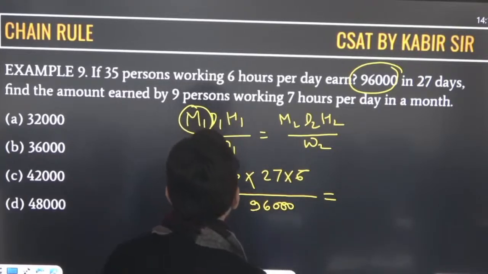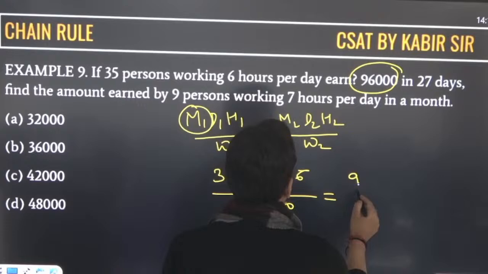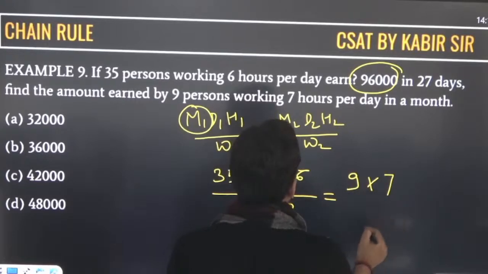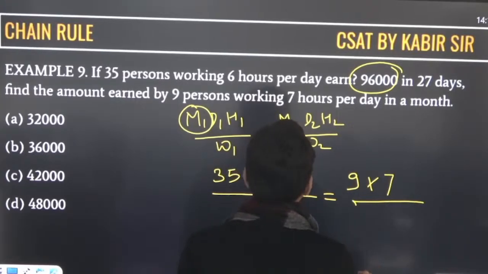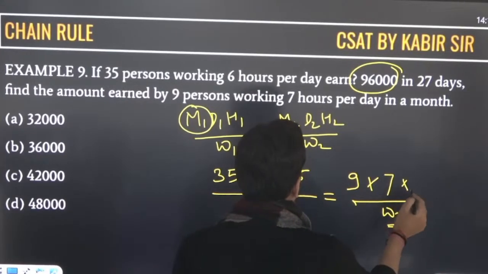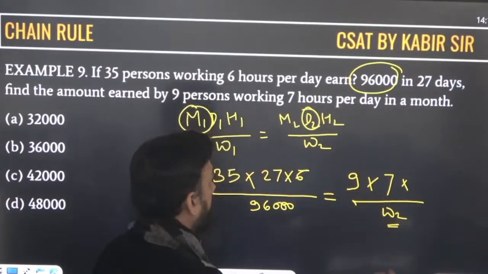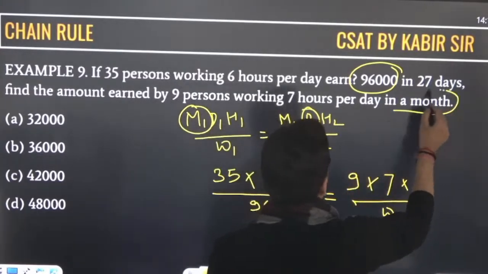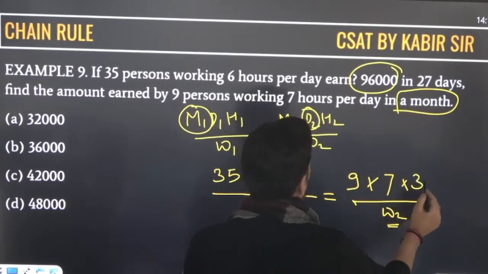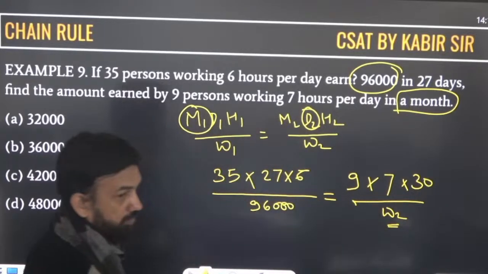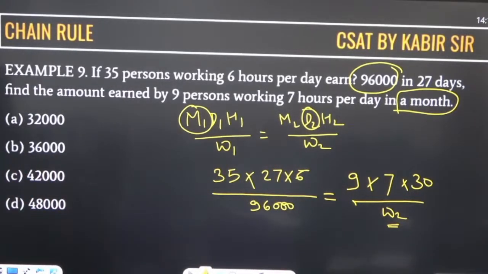You have to find for 9 men. 7 hours they are working. And how much amount? We have to find this. Now the number of days: the question says in a month, which will be 30. Why will we take 20 days? Month is not of 20 days.